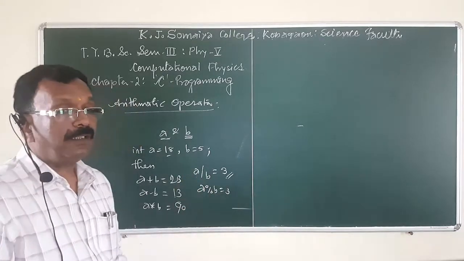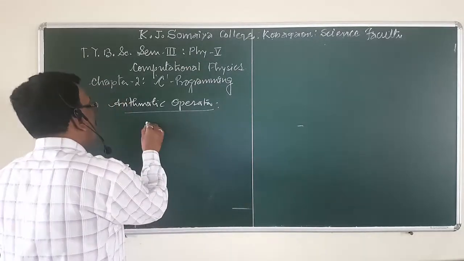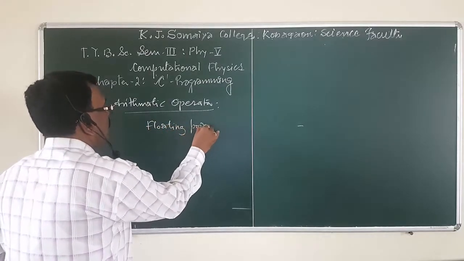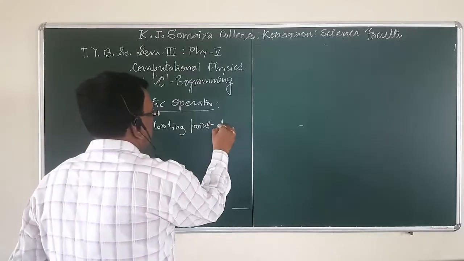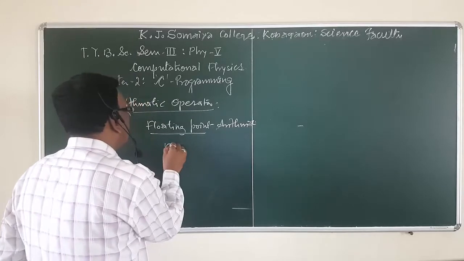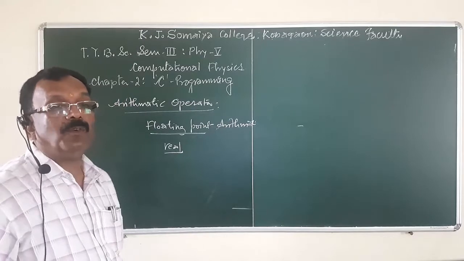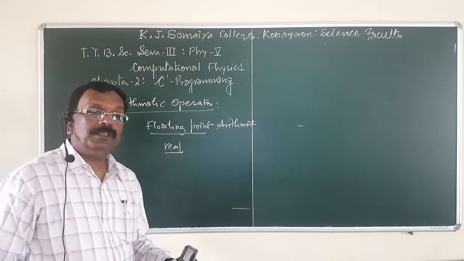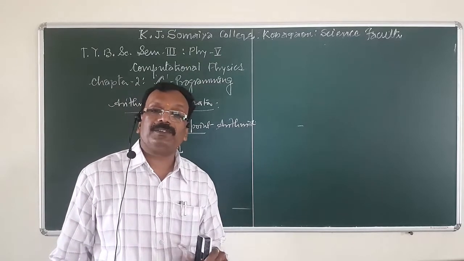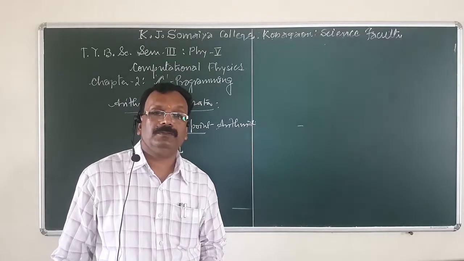Now the second type is floating point arithmetic, that is real number arithmetic. Real numbers are numbers with a decimal point, and hence we can say that floating point arithmetic involves operands of real type in decimal or exponential notation.